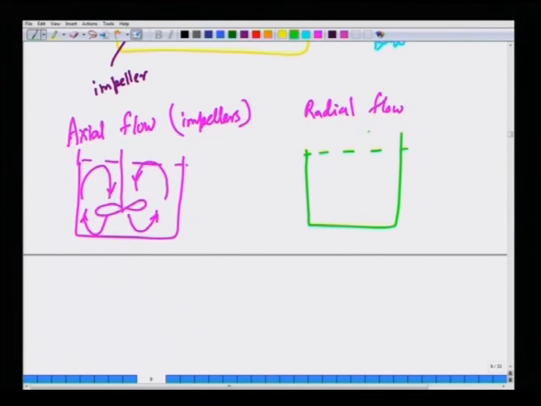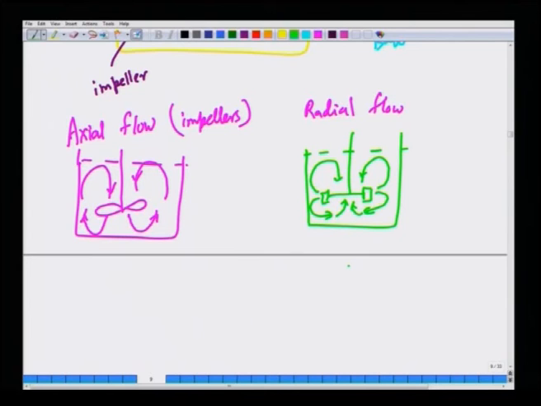This is the free surface. The fluid will go out like this and then come in like this. Okay. So, this pushes the liquid radially and tangentially. There is no vertical motion at the impeller. Okay. Here at the impeller there is vertical motion. Okay. And that is the key difference between these two impellers.